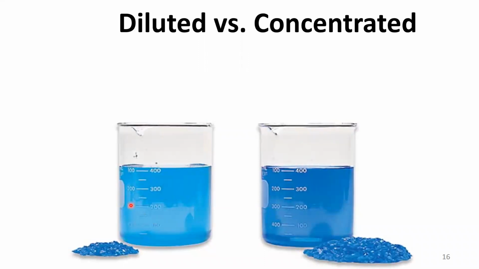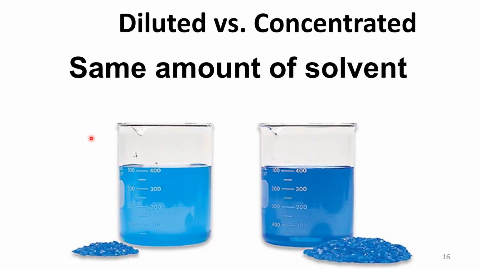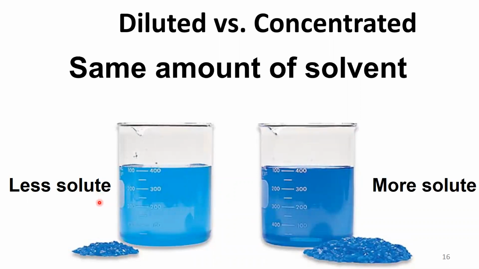Here we have a picture of two beakers with approximately 400 milliliters of a solvent in it, and we then have our solute. So we have the same amount of solvent, which is about 400 milliliters. This has less solute in this beaker.